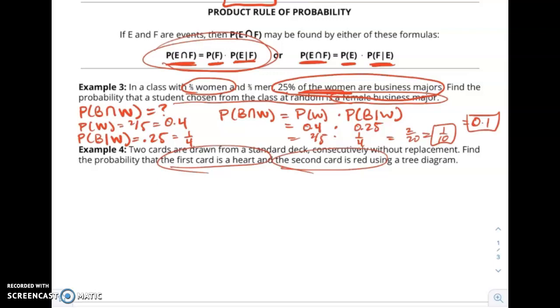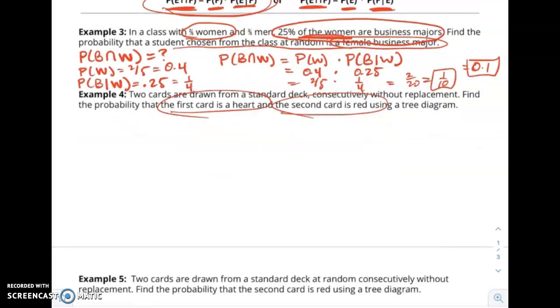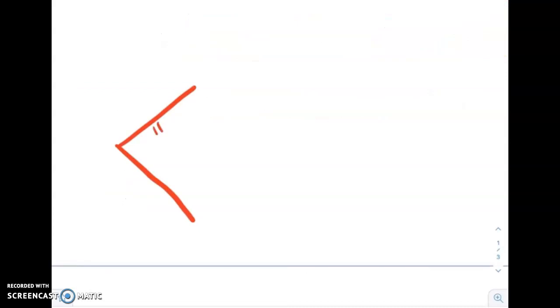So what we're going to start with is what's the probability that the first card is a heart. So there's 2 outcomes. You pull the card, it's either going to be a heart or not a heart. So we're going to make 2 branches to the tree, and I'm going to label them as heart and then not.